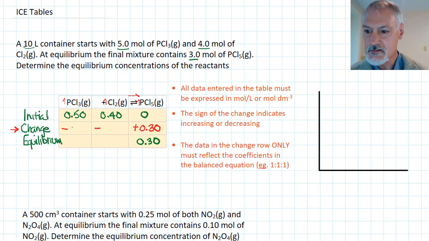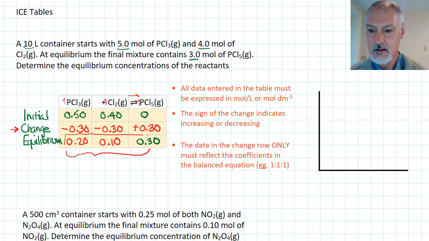So all of these changes would be by the exact same amount, 0.30 and 0.30. Once I have knowledge of the change, then I can figure the equilibrium amounts out. 0.5 minus that. So there are my answers. That gives me the equilibrium concentrations right here of the 3 species that are present.